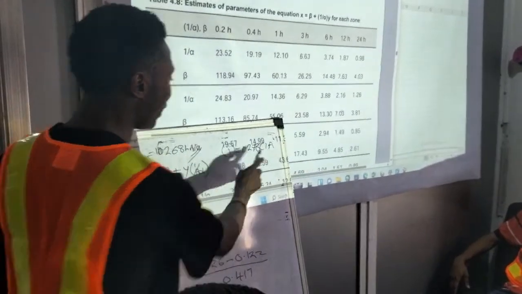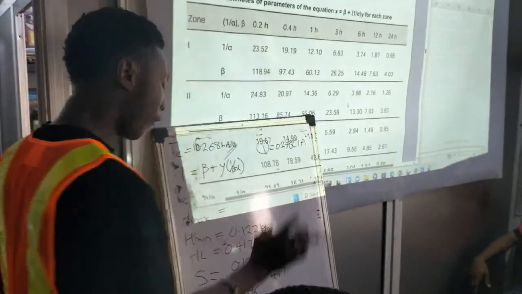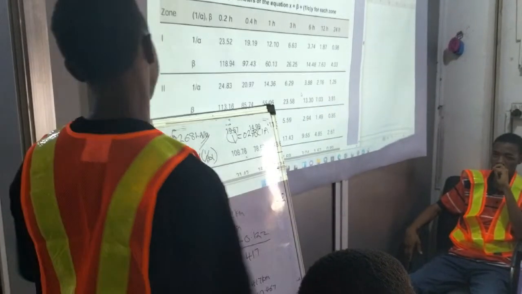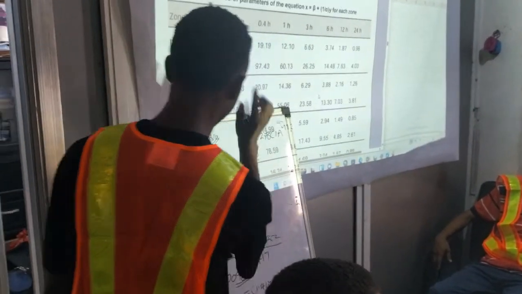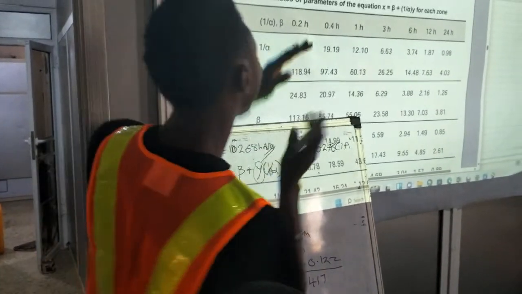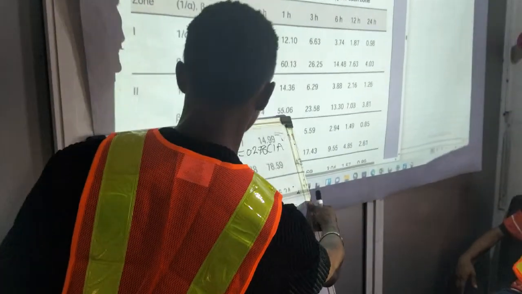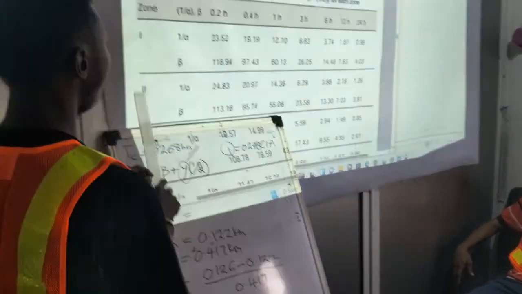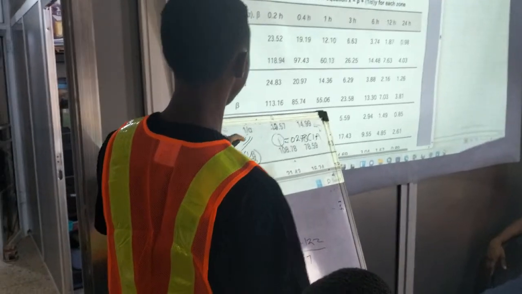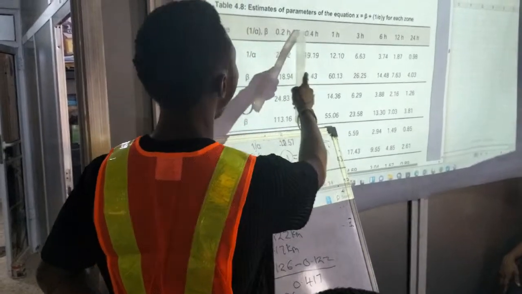But this intensity, how do you get this intensity? First of all, we have to find the time of concentration. The time of concentration we calculated was 0.268 hours. Now, get our beta and alpha. We are still coming to this y. Our beta now. This is zone 2, Benin City. Our time of concentration is 0.268. Do I have 0.268 here?